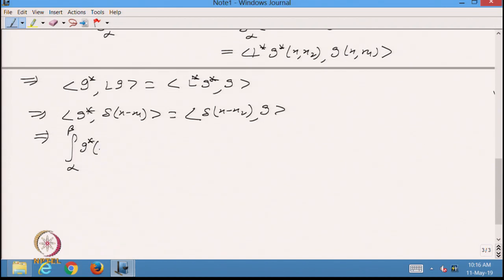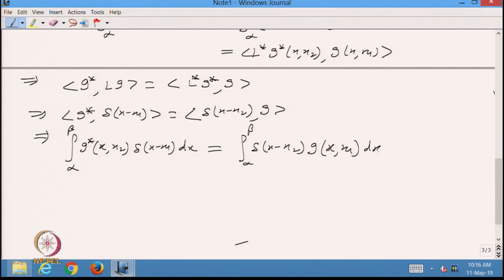On the left hand side it is G star x, x2 times Dirac delta x minus x1 dx, and on the right hand side it will be the integral from alpha to beta of Dirac delta x minus x2 and G x, x1 dx.